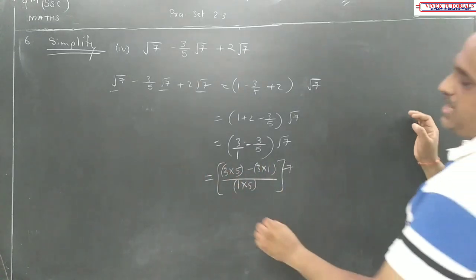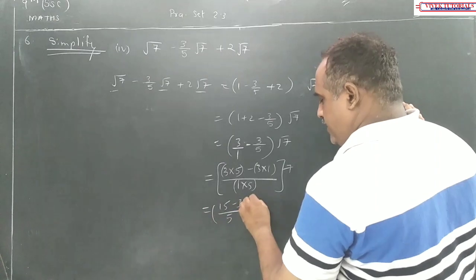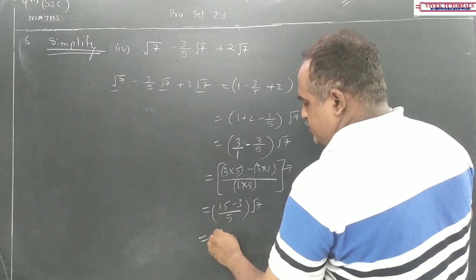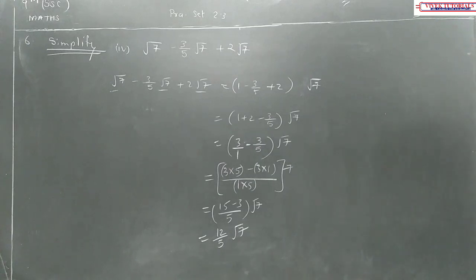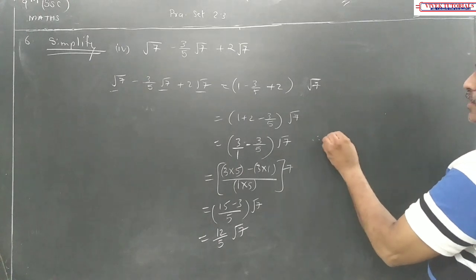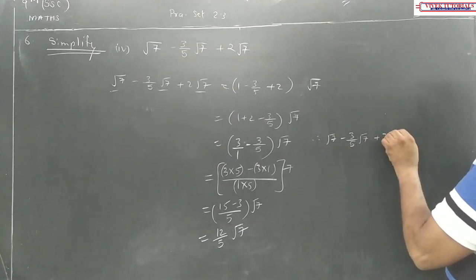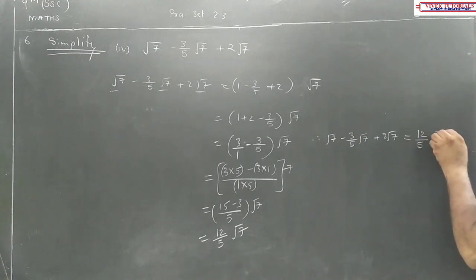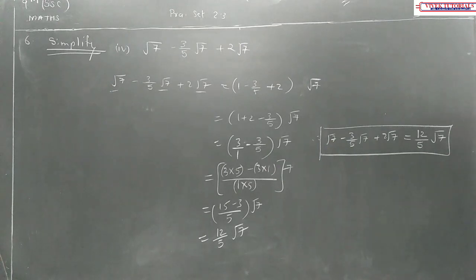So 5 threes are 15 minus 3 upon 5 root 7. 15 minus 3 is 12 by 5 root 7. Therefore, what is the answer then? Root 7 minus 3 by 5 root 7 plus 2 root 7 is equal to 12 upon 5 root 7, and you put it in the box. This is your final answer.